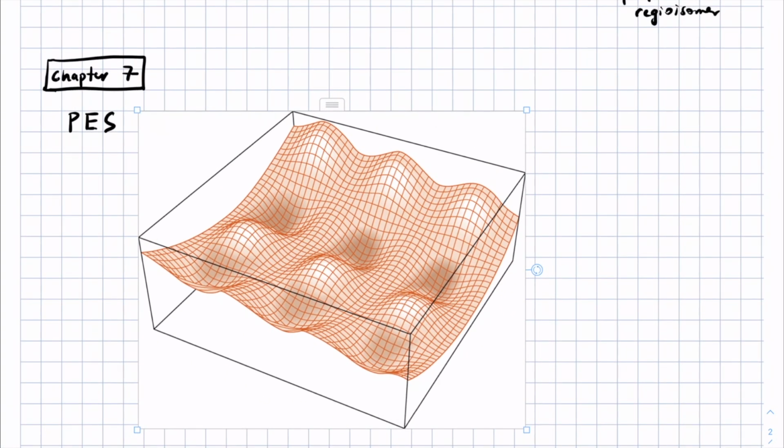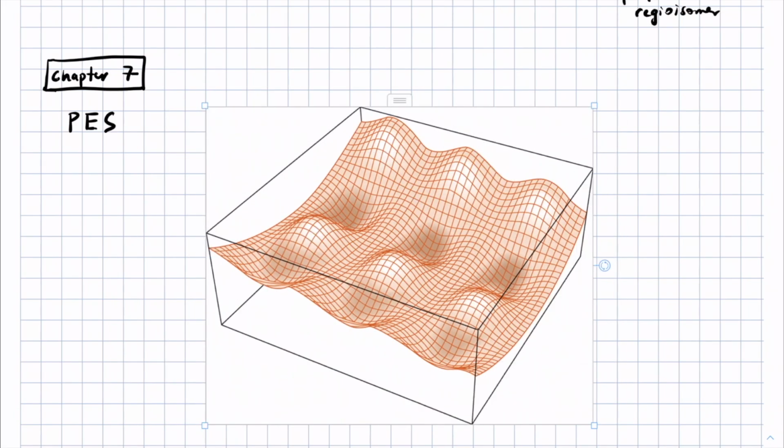So this is a potential energy surface. And you can think of the y-axis as representing energy. Duh. In particular, it's most effective to think of this as free energy, which governs whether reactions are spontaneous or not.